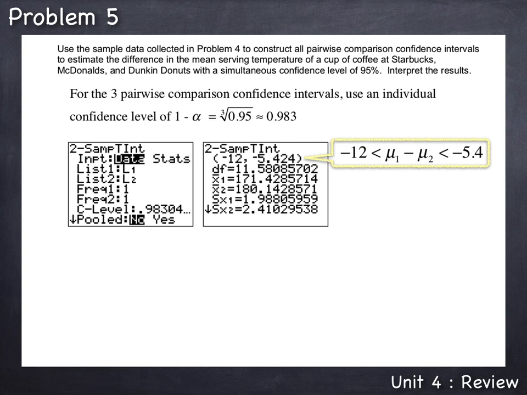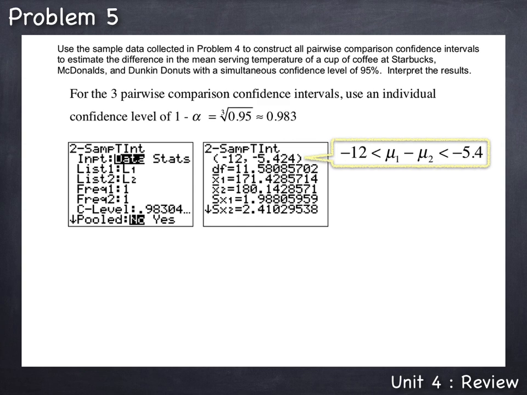Here, since the lower limit is a negative value, negative 12, and the upper limit is a negative value, negative 5.4, we get negative differences when you take a lower number minus a higher number. So in this case, mu1 would be lower and mu2 would be higher. That's why we get these negative differences. Thus, this makes Starbucks have a lower mean serving temperature than McDonald's.